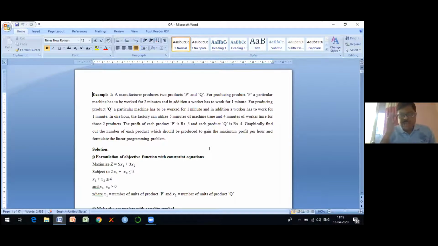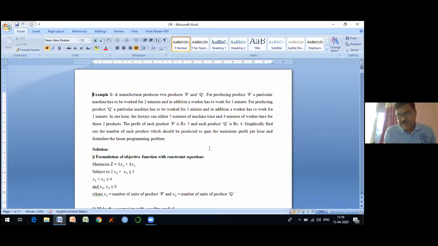So it is clear to you, we are considering two products and two resources. We can solve this problem graphically because we are considering only two variables. Here two variables means two resources, machine and labor.